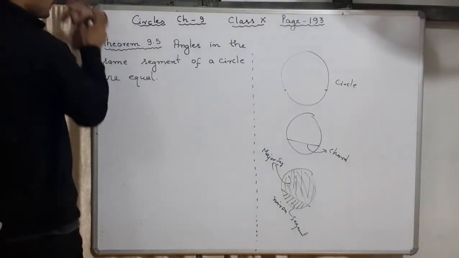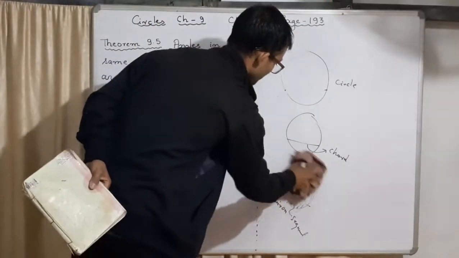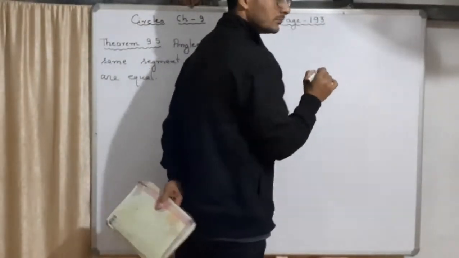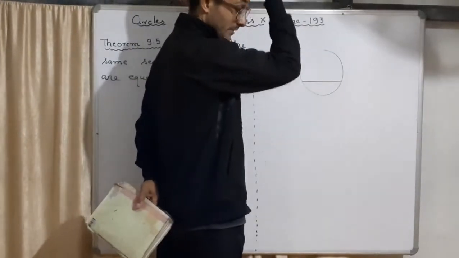So in this case, angles in the same segment of a circle are equal. Same segment means either in the minor or in the major, right? Suppose you have a circle, you have a segment, this segment or this segment, whichever may be.